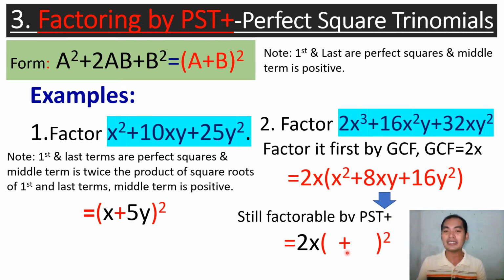Lagyan na ng plus sign in between. Get the square root of x squared, which is x. Get the square root of 16y squared, which is 4y. Check. The product of 4y and x times 2. Is that the middle term? Yes. Therefore, this is the complete factored form of the trinomial expression 2x cubed plus 16x squared y plus 32xy squared.